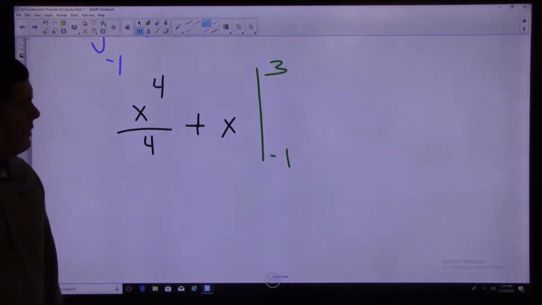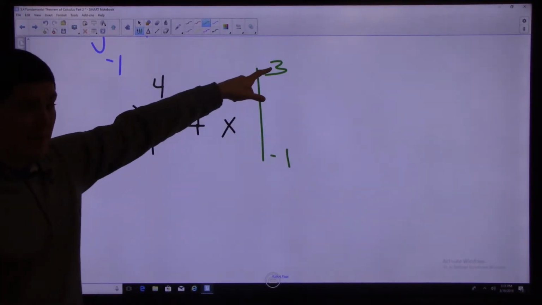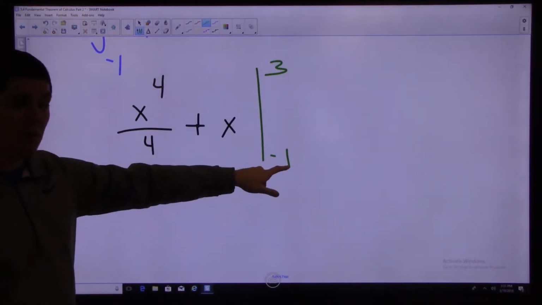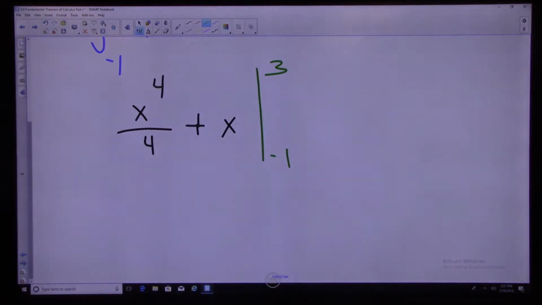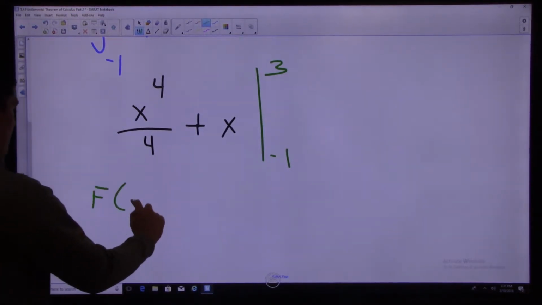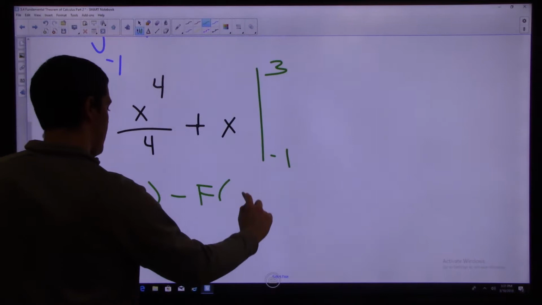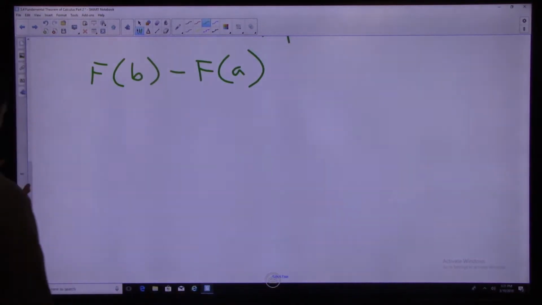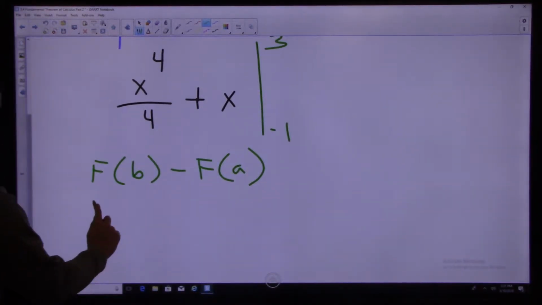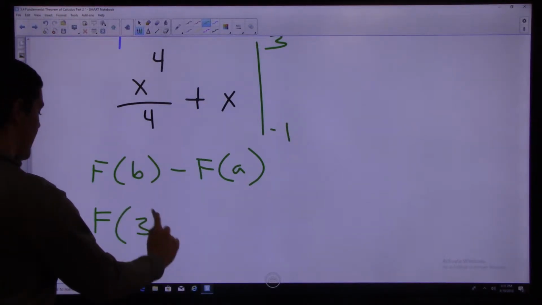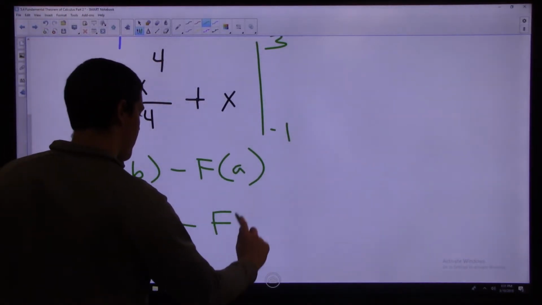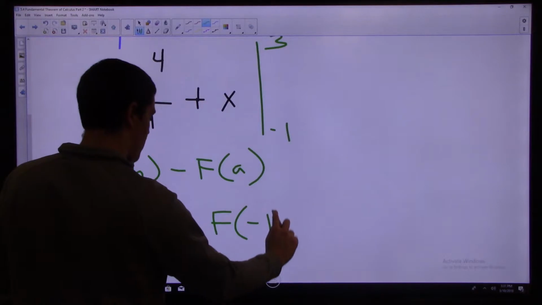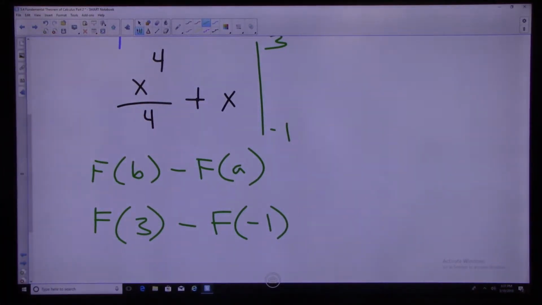Well, hopefully you got it right. 3 is b. That is going to be our upper limit. A is our lower limit of integration. So we've got to take F of b minus F of a. So what that means is F of 3, we said b was 3, minus F of a, which is going to be, process of elimination, -1.